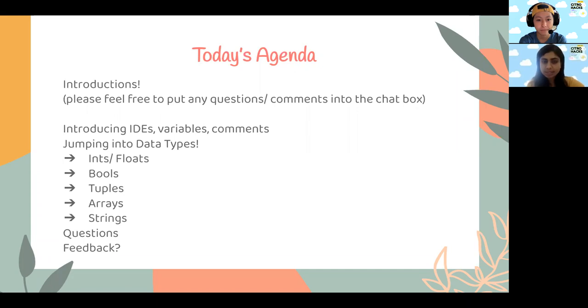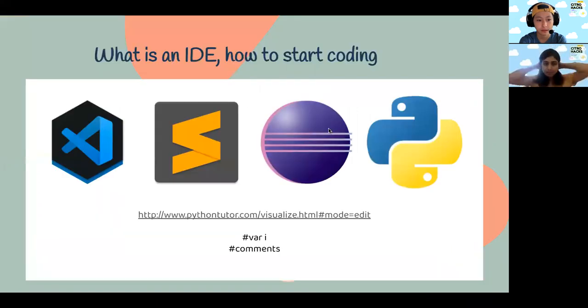Okay, so an IDE is a platform for you to be able to submit the code on. You can start developing on an IDE. Let me show you what an IDE would look like. So there are a few types of IDEs.